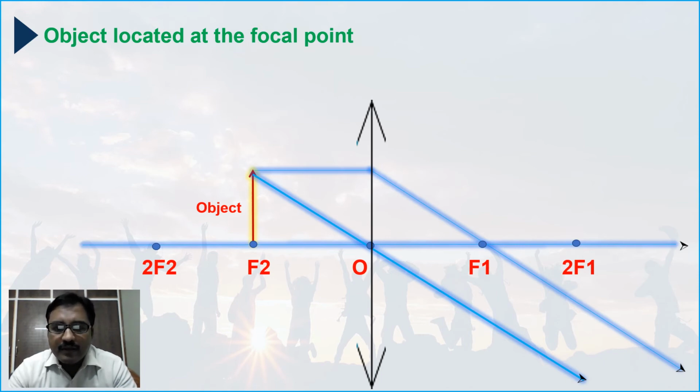That is why we cannot get the image, because only if the refracted light rays intersect each other can we get the image. But here these refracted light rays are parallel lines, so there is no intersecting point, so we cannot get the image. That means the image is going to be obtained at infinite distance. So the nature of the image cannot be discussed here.